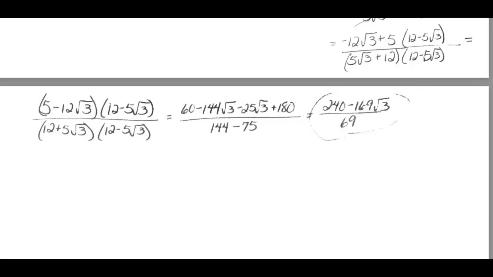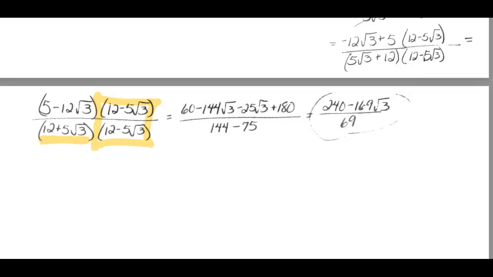And the other one the same way, just wrote it as 12 plus 5 square root of 3. And use the conjugate of this part. So the conjugate for 12 plus 5 square root of 3 is 12 minus 5 square root of 3. So I've got to multiply both the numerator and denominator by the conjugate.